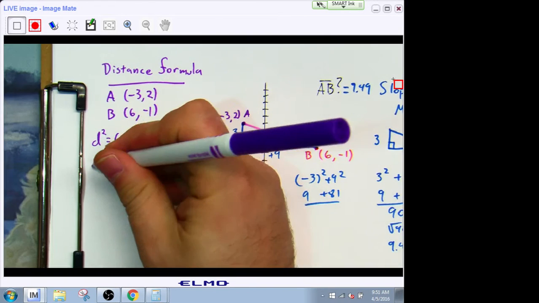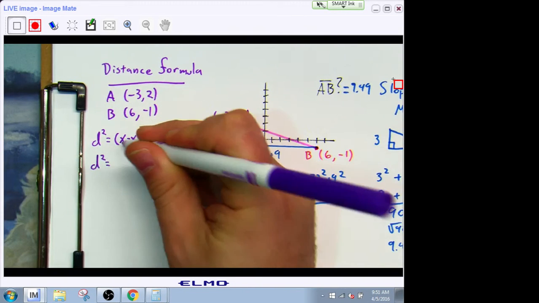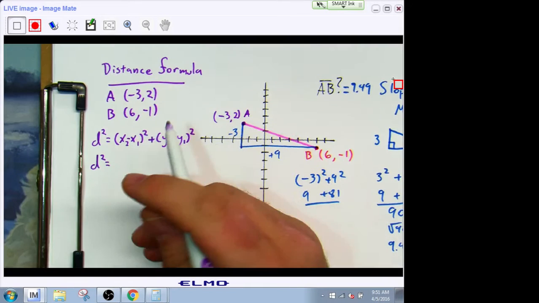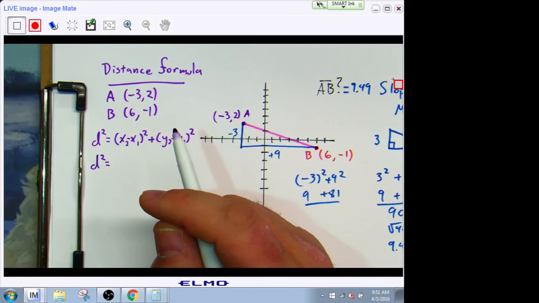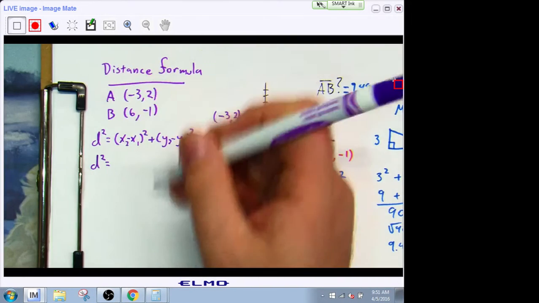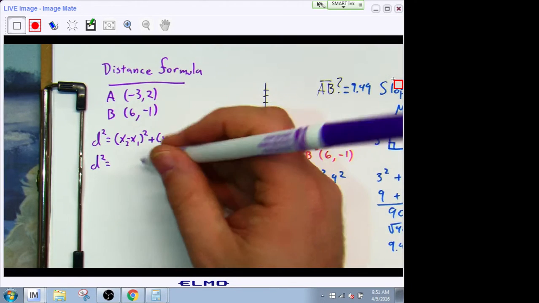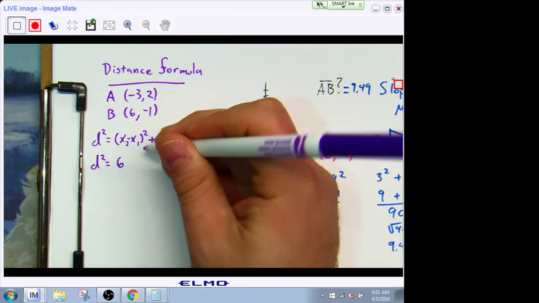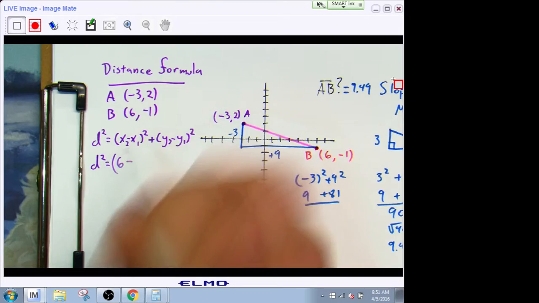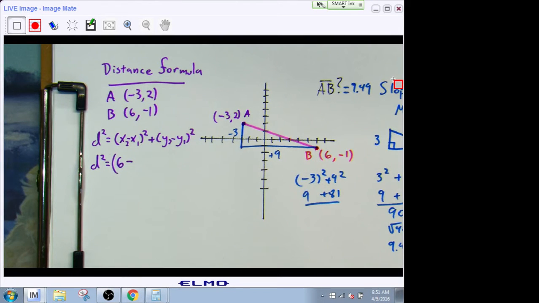So I'm going to say d squared equals x2. So x2 means the x value of my second point. B is my second point. My x value is 6. So that's going to be 6 minus the x value of my first point. The x value of my first point is negative 3.